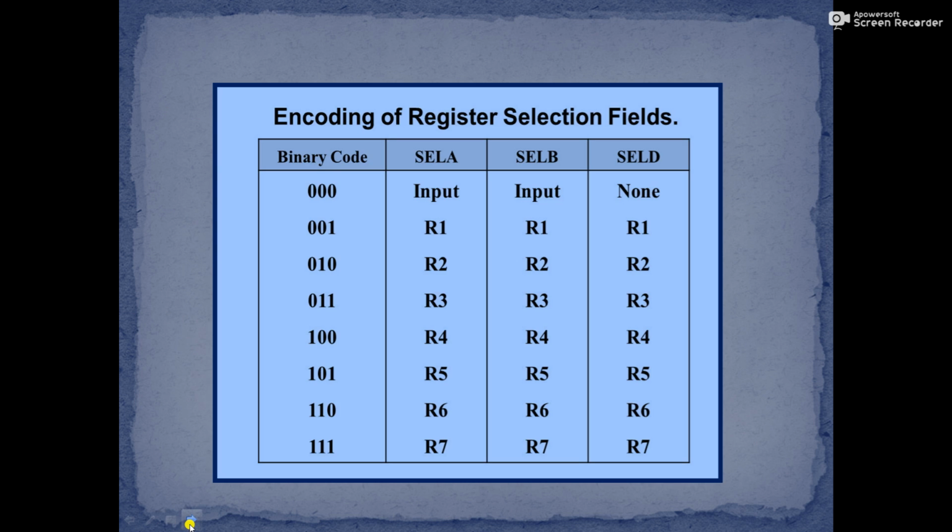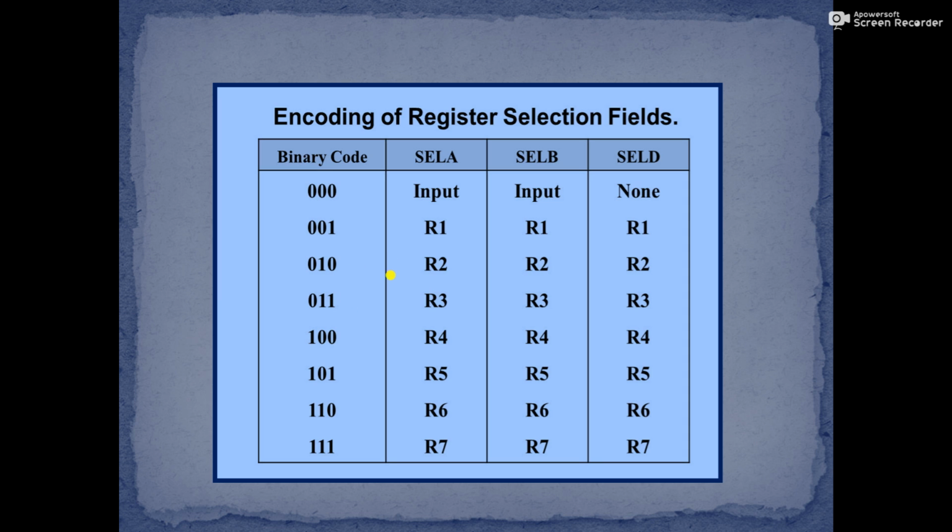This table shows the binary code for the selection A, selection B and selection D fields. Here selection A and selection B are input fields, and selection D is the output field. For example, if the multiplexer gets the data from register 3, its binary code value is 0, 1, 1. How do we get this?